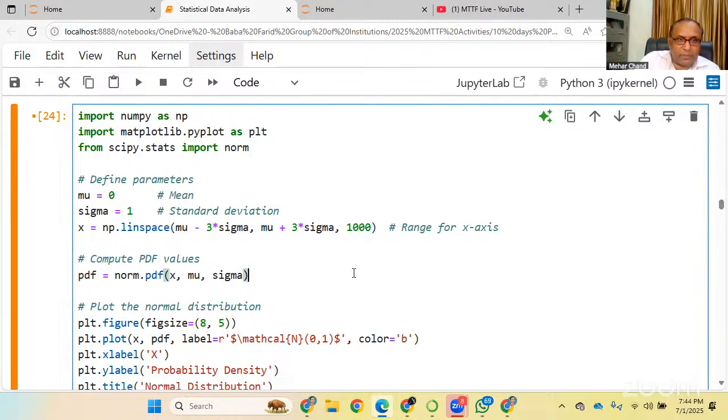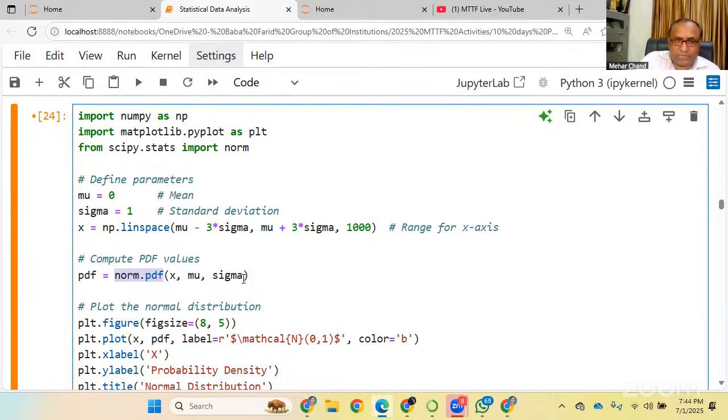We compute it using the probability distribution function. So we are using norm, and inside norm we have PDF, norm.pdf. In the normal distribution we have x, mu, and sigma, so x comma mu comma sigma, these three values are required. E and pi are fixed constants; we are not required to assign these values.